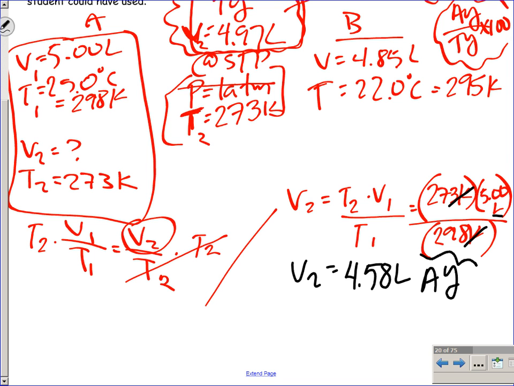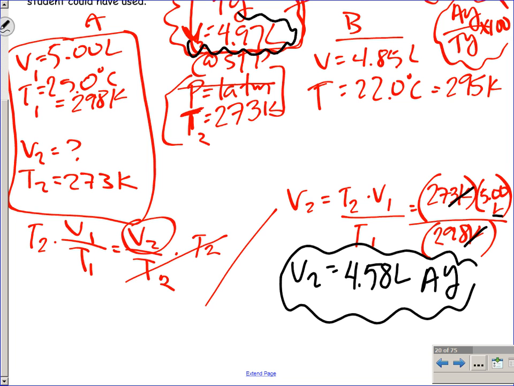Actually, student A, once appropriated to the temperature of 273, got 4.58 liters, whereas the theoretical yield was what? 4.97, because that's what it said. It said theoretical yield is 4.97.